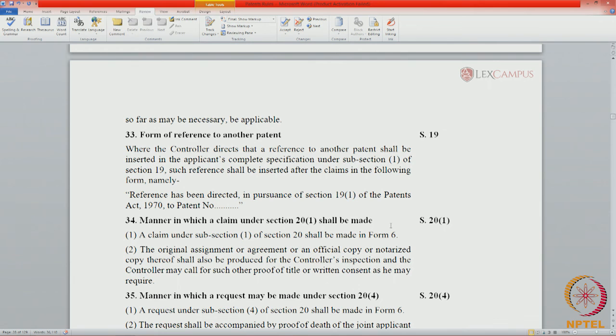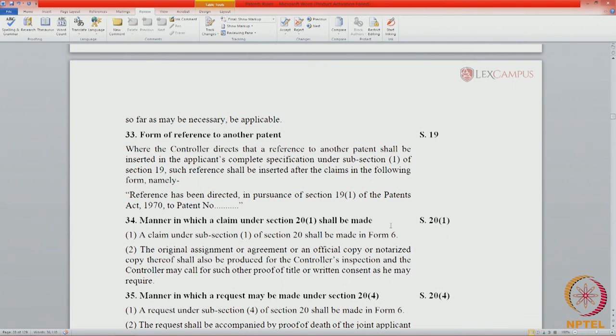So, if you are faced with a question, what is the difference between Rule 31 and Rule 33? The correct answer will be, Rule 31 deals with a cross reference to a pending application, whereas Rule 33 deals with a cross reference to a granted patent.